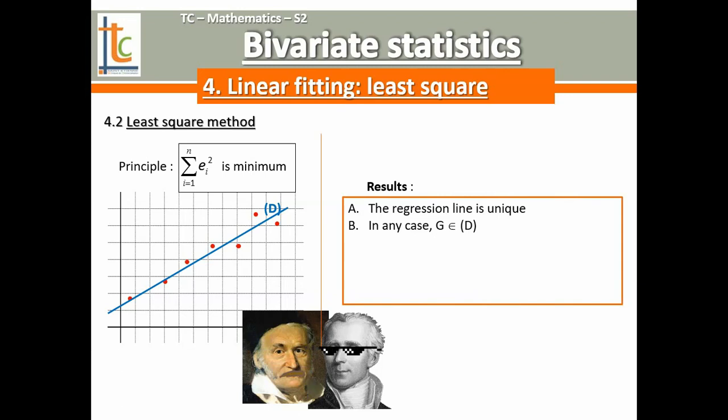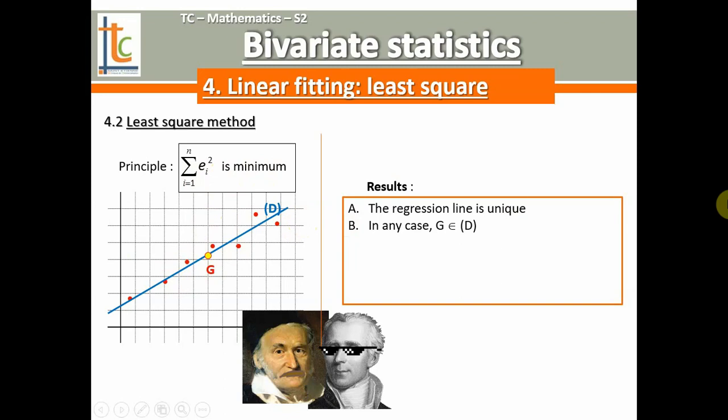The second result now: in any case, G, the mean point of the cloud, belongs to the line. That's good news because the principle of the least square method implies the Mayer principle, which was equivalent to G belongs to D. So if you meet this principle, the sum of the squares of the residues is minimum, you have another result as an implication, which is that the positive residues exactly compensate the negative ones.